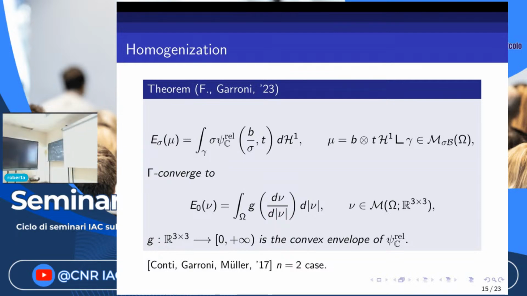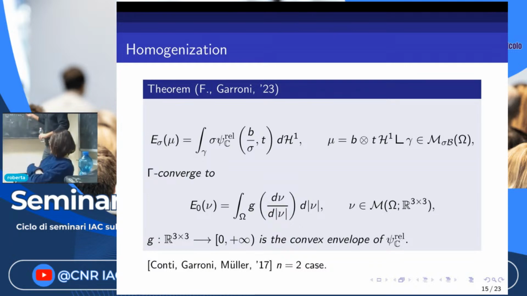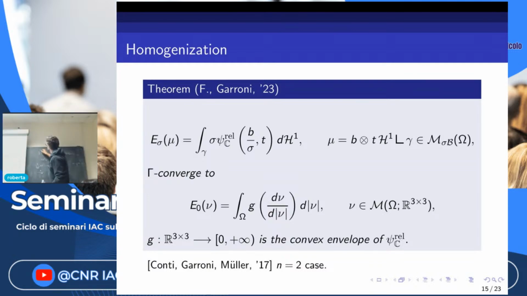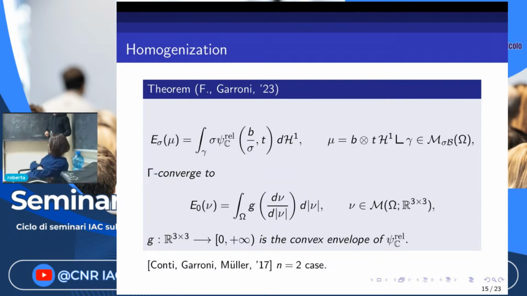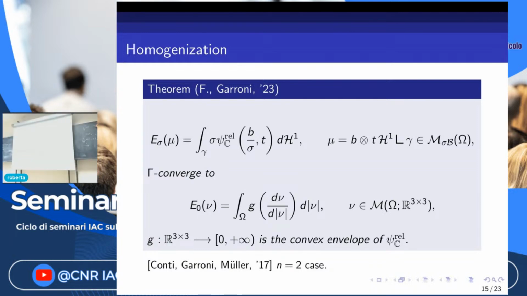The only example I found was in the case of C_rel of B tensor T equal to the norm of B, which I don't know if it is actually realistic, because you should probably have something like the one on the Manhattan norm.